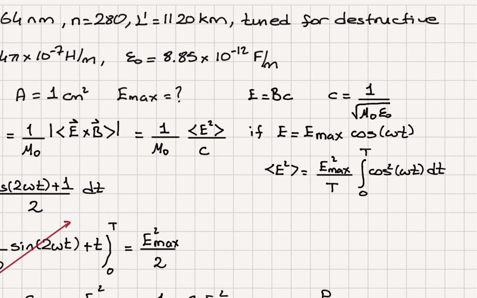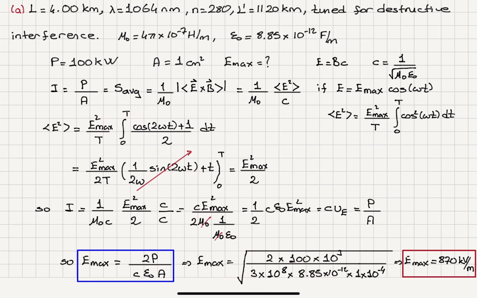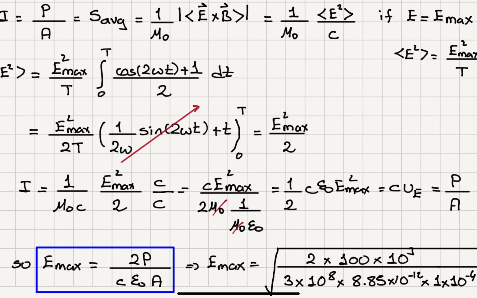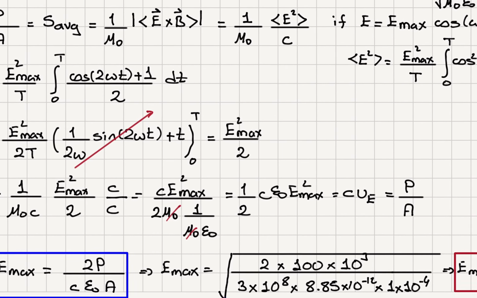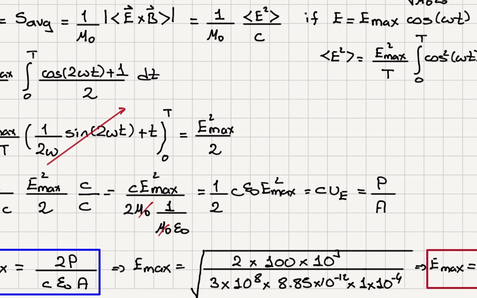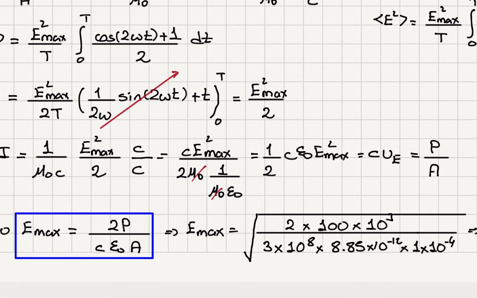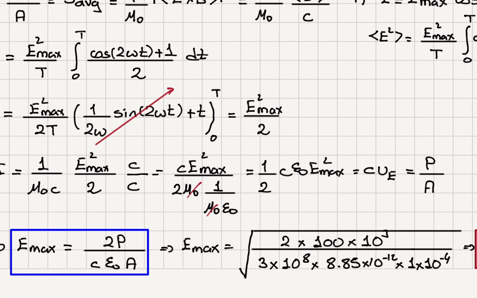So I use this relationship here, and then I remember that the intensity is the energy density stored in the electric field component, multiplied by the speed of light, and that's the average power per area. And from this relationship, I can get E max as the square root of 2P over c epsilon 0 A.